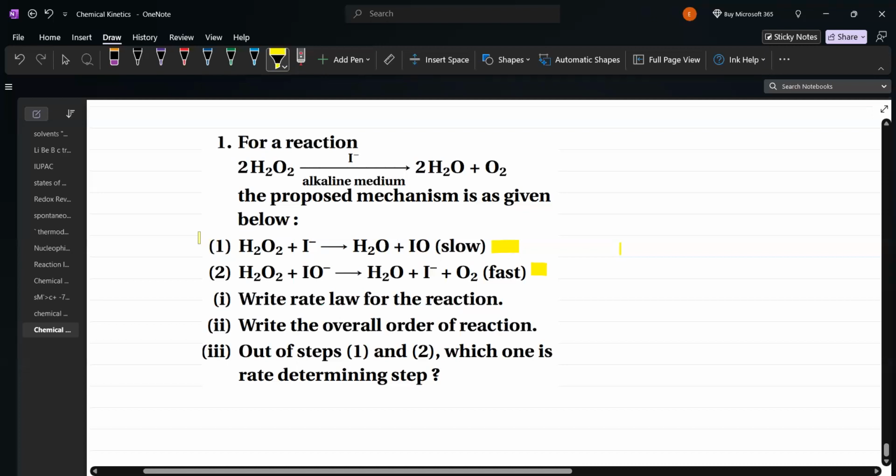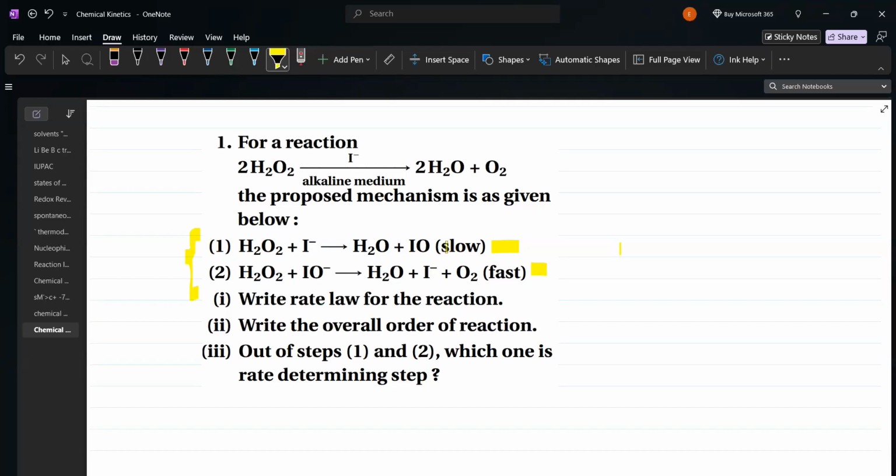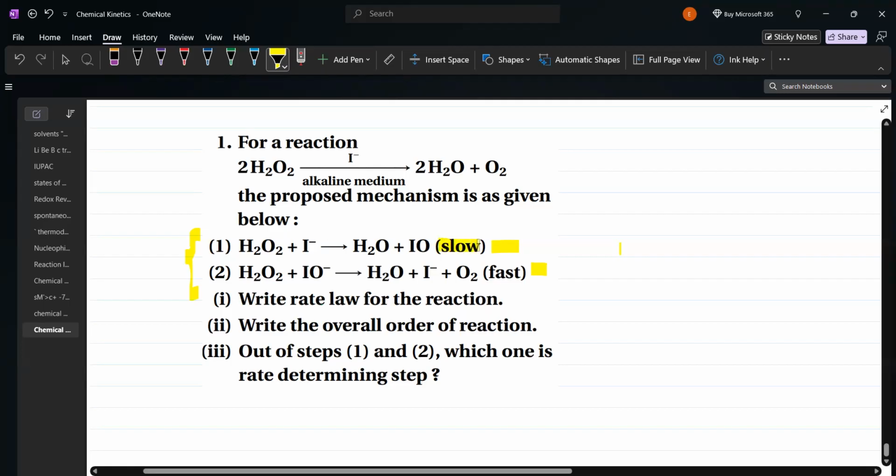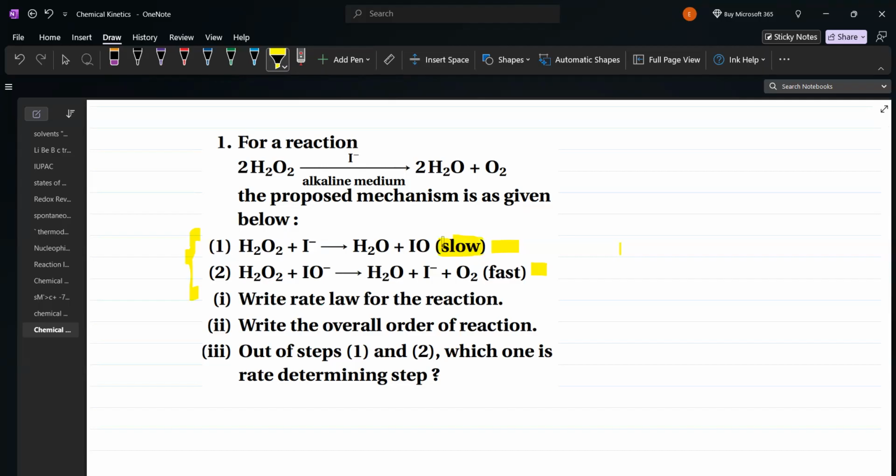So this is taking place in two steps, and that is why this is a complex reaction. This is the slow step, the RDS, the rate determining step. According to this only we can write the order of reaction. Now, please solve this question.